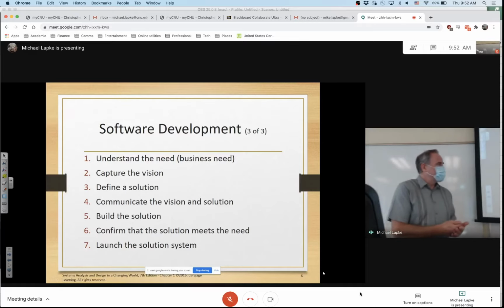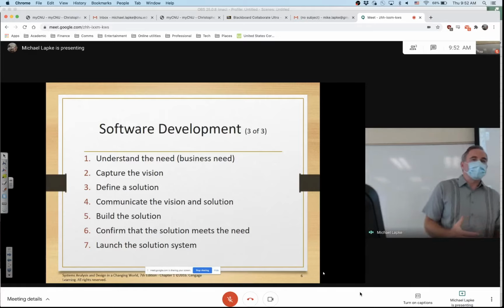Communicate the vision and solution. This is where all the stakeholders are aware of what the plans are for it. Then build it. Or outsource it, offshore it, buy it. There are other options. But in that traditional view, you'd build it. You'd have your internal team and you'd build it.